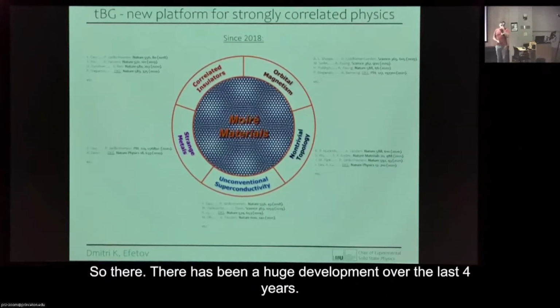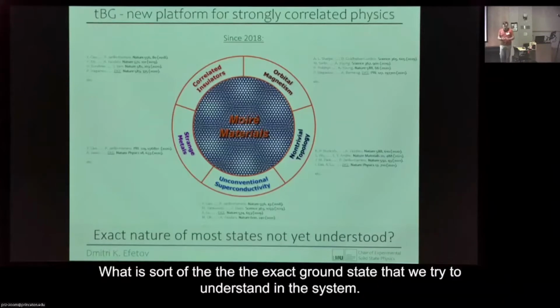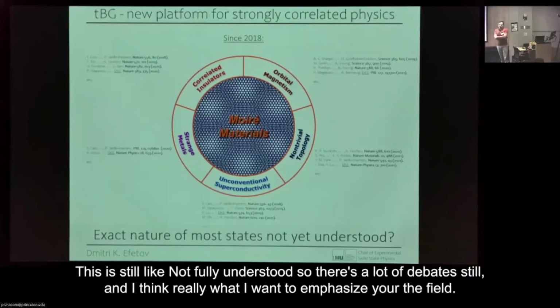There has been a huge development over the last 4 years, and a lot of experimental work by now. But if you talk to anybody in detail about the exact nature, the exact ground state that we try to understand in the system, this is still not fully understood. There's a lot of debate still.